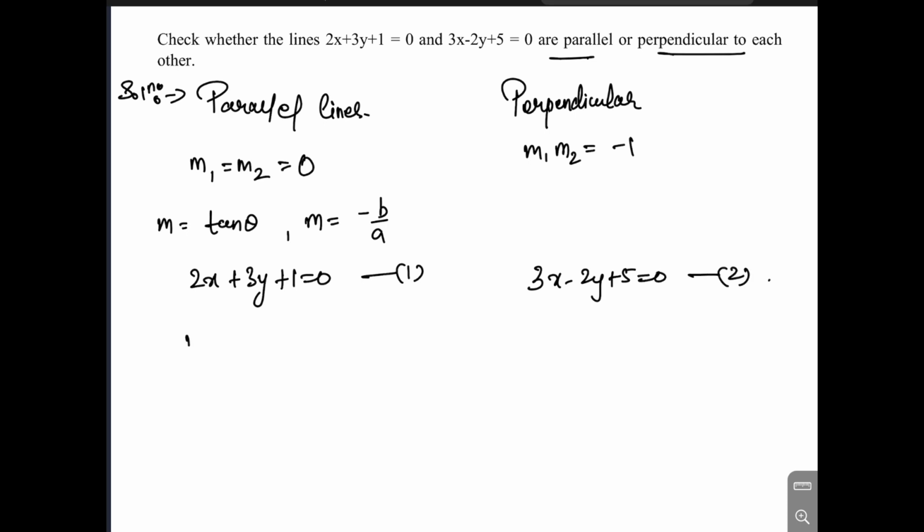Now here m1 equals to minus 3 by 2, m2 equals to here minus, again minus 2 by 3 here, which gives 2 by 3, I can say.